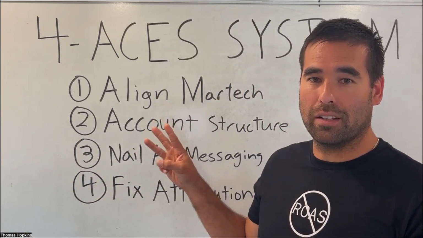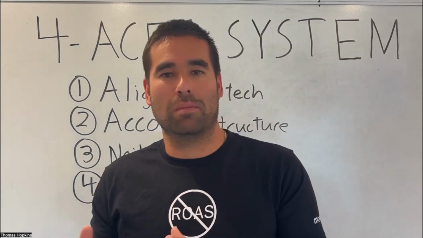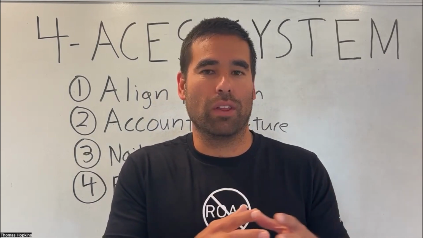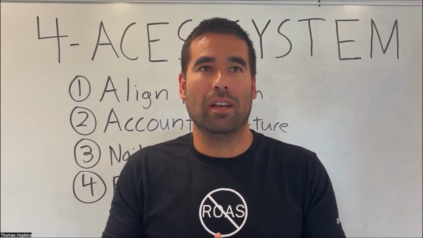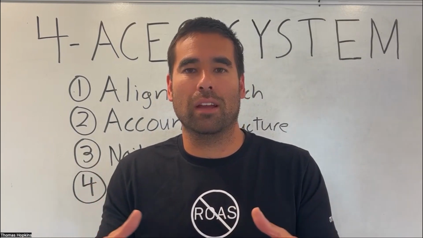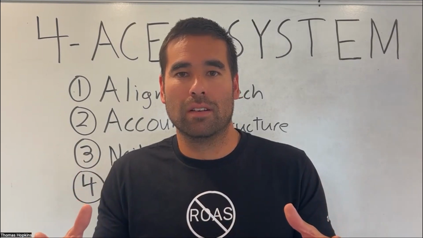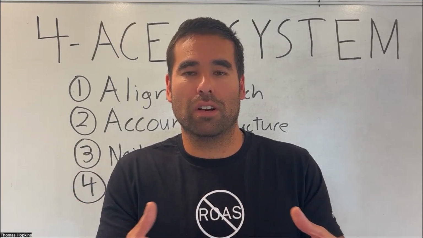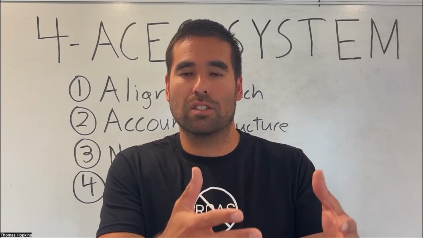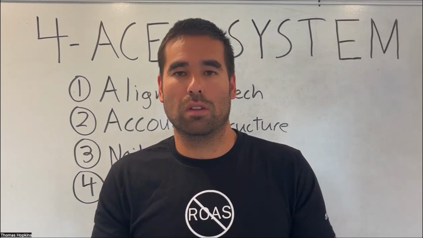Number 3, the third ace, is you've got to nail your ad messaging. So many times I get into an account and I see that the ad messaging is just off, or they have lots of different messages in the account. Just do one simple thing: take your static 1-by-1 ads, put different reasons to believe on there, 10 different ones, and run it on Meta, on just Instagram feed, and only to iPhones, and see which ones do the best.